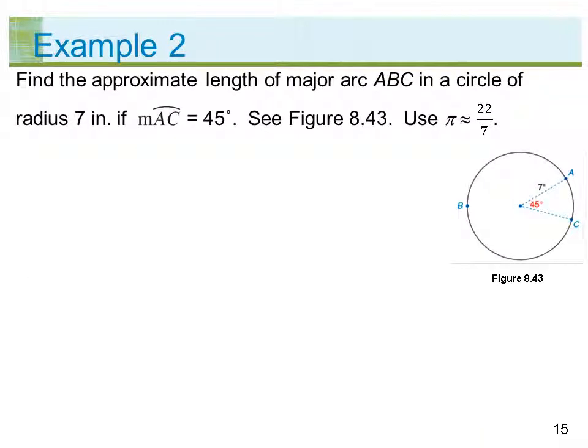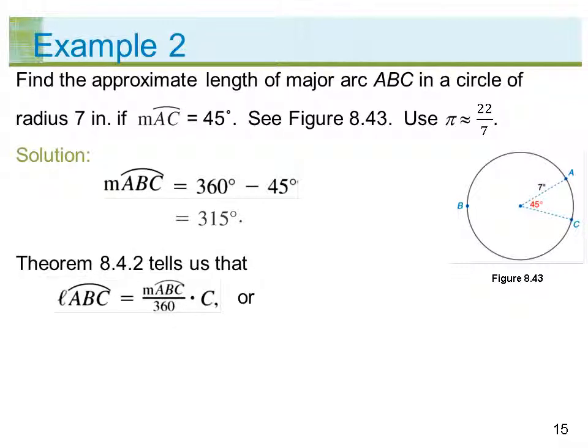Find the approximate length of major arc ABC in a circle of radius 7 inches if the measure of arc AC equals 45 degrees. See figure 8.43. Use pi approximately equal to 22 divided by 7. Solution. The measure of arc ABC equals 360 degrees minus 45 degrees, which equals 315 degrees.